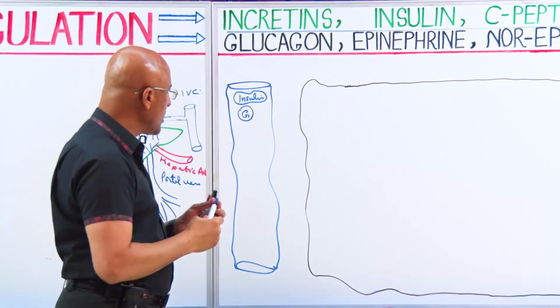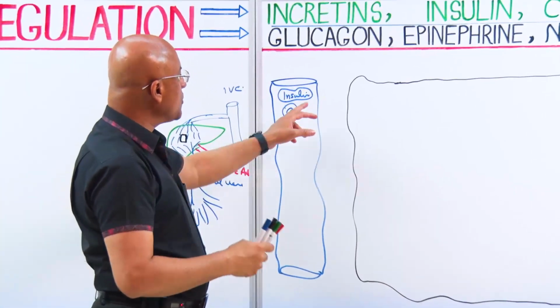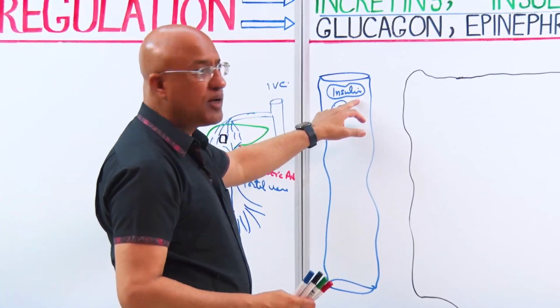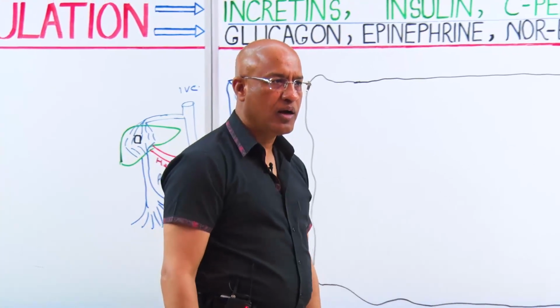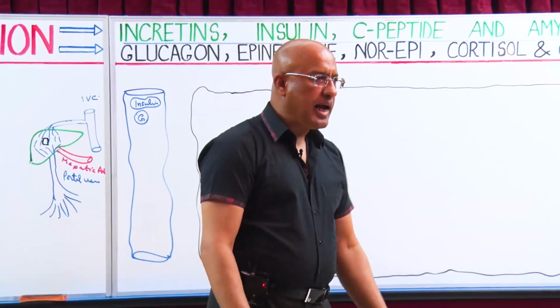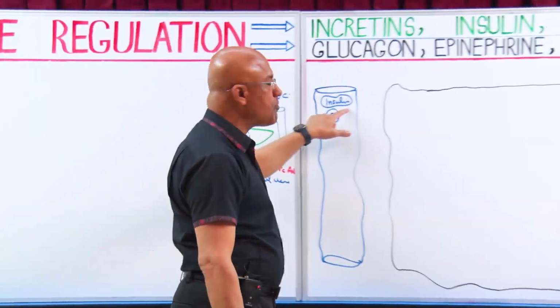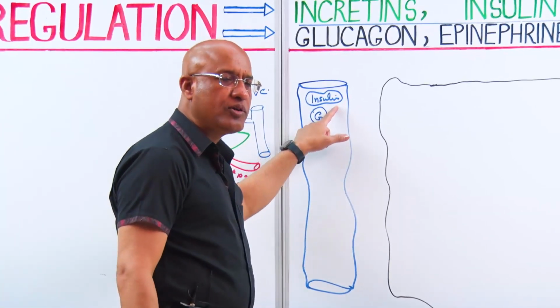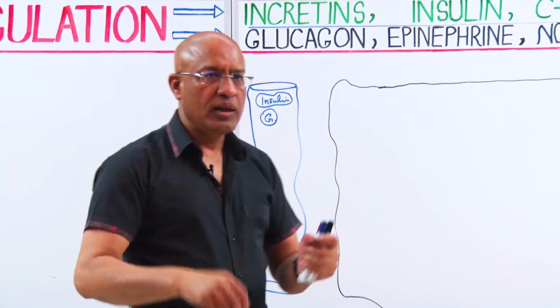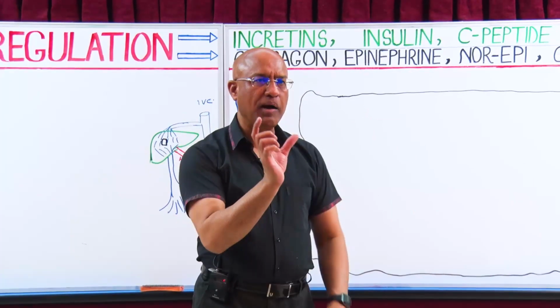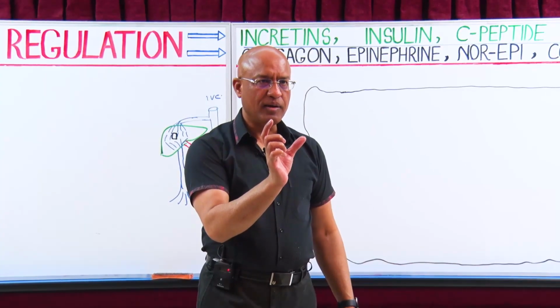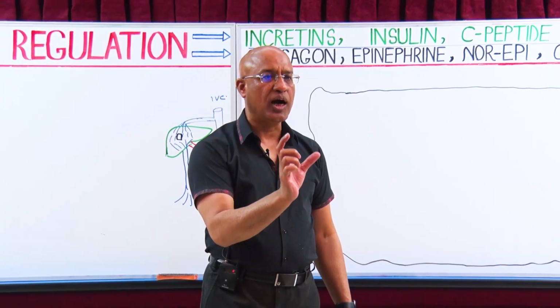Now, there are two things. First of all, I will talk about how insulin works. As you know, insulin is a peptide hormone, so it is a long, big molecule, and many of its amino acids are charged.